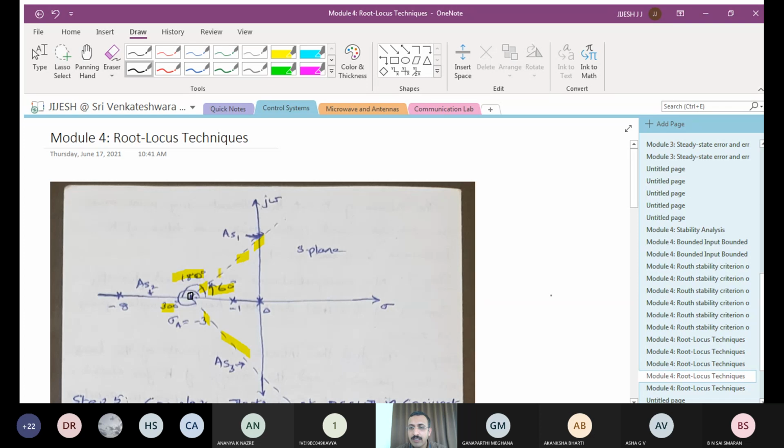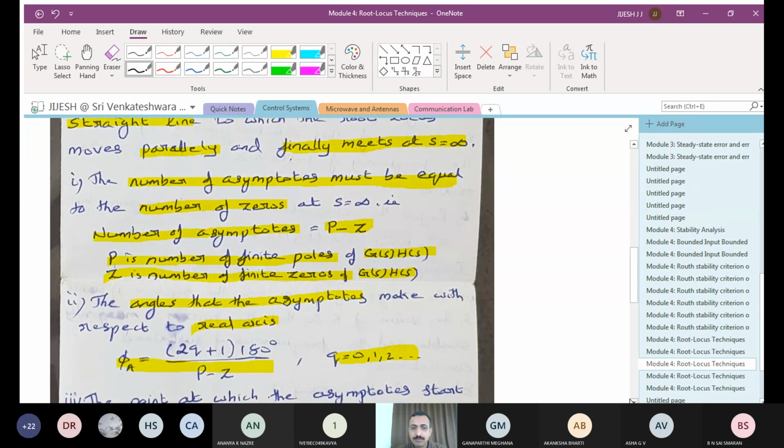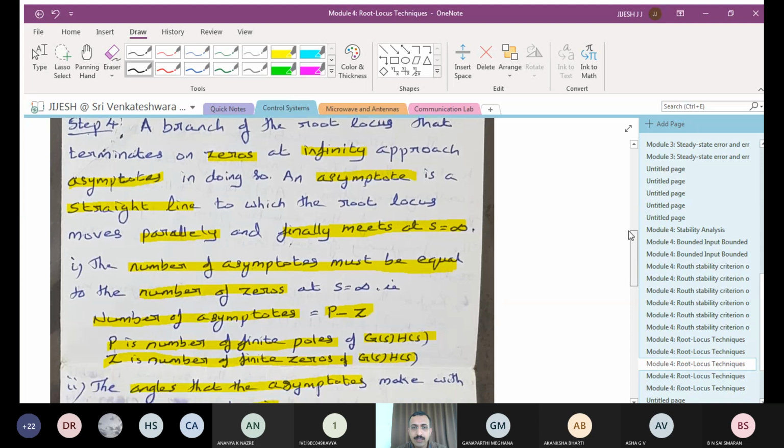So you have to find out the number of asymptotes, the angle at which each has to be drawn, and also the point where it has to start. You can make a note of these things.